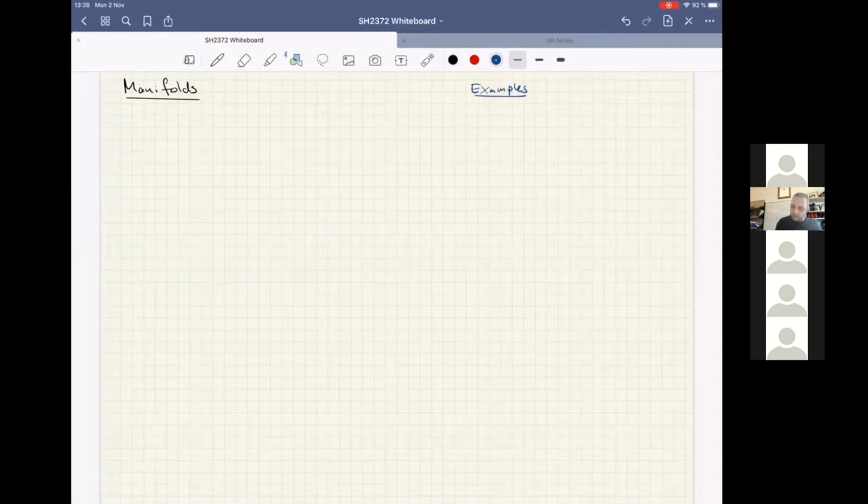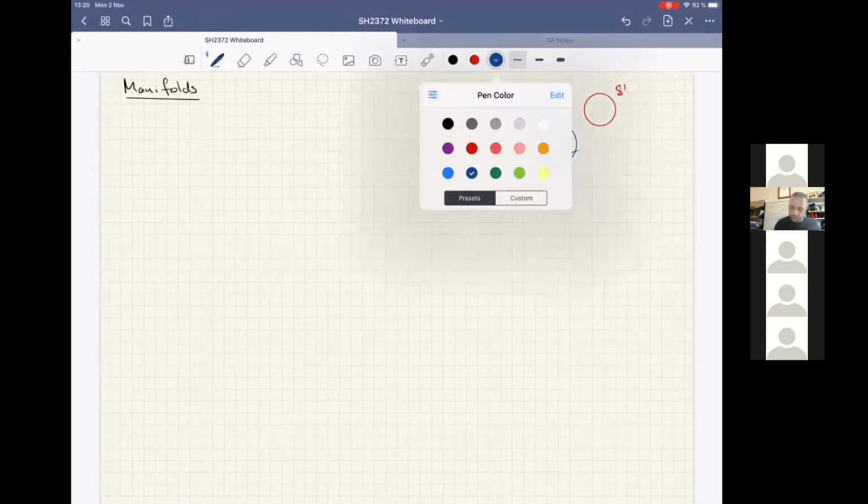So, for example, we have the circle, S1. That's a manifold. We have the sphere. Oops, if I can draw a sphere properly. So the sphere S2, that's a manifold.